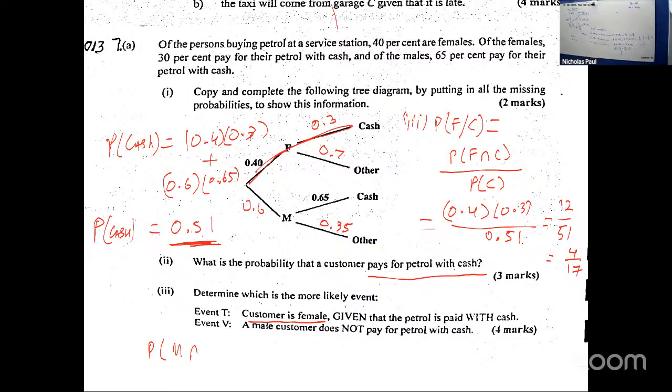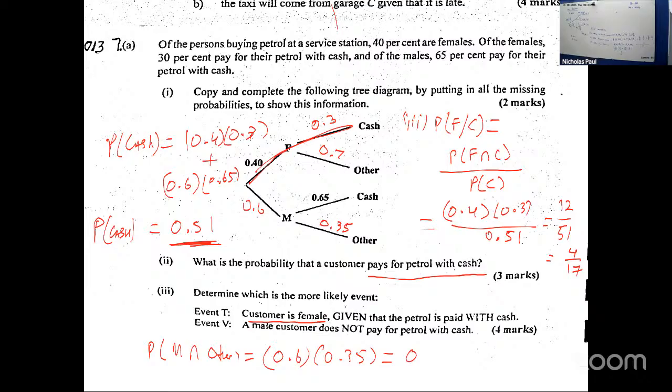Intersect. It's a male customer who does not pay. It didn't say given that, so you're looking for the keyword given that. So a male customer does not pay with cash, so you can put the complement of C here. So that will be 0.6 multiplied by 0.35. How much is that?